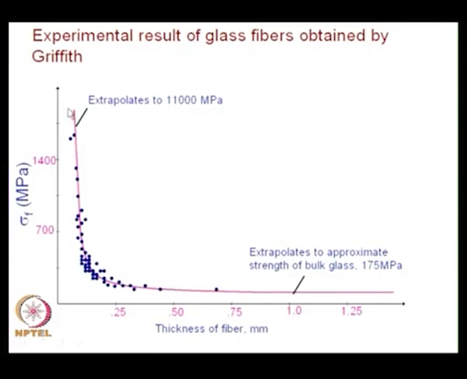This was exponentially decaying and it was asymptotically reaching the strength of bulk glass, about 175 MPa. When the thickness of the fiber is reduced, it was approaching 11,000 MPa, that is the theoretical strength of glass.